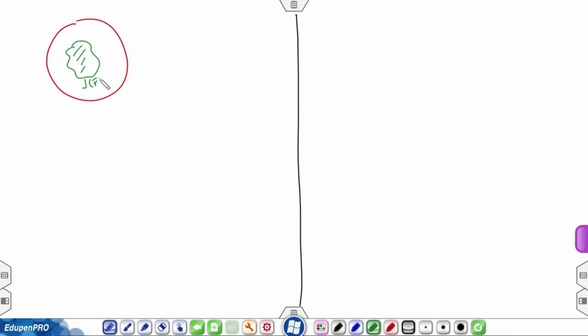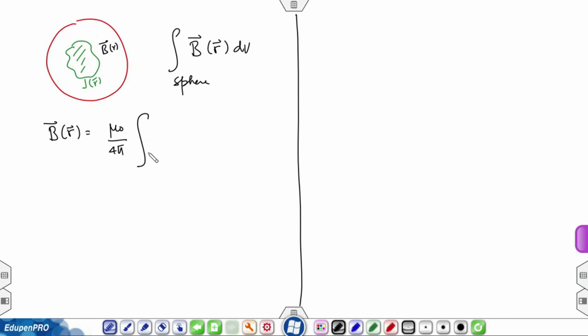This current distribution gives rise to a field B(r), and I want to calculate the integral of B(r) dV over the sphere. Now, B(r) is going to be, by the Biot-Savart law, mu 0 over 4 pi integration J(r prime) cross (r minus r prime) over |r minus r prime| cubed dV prime.